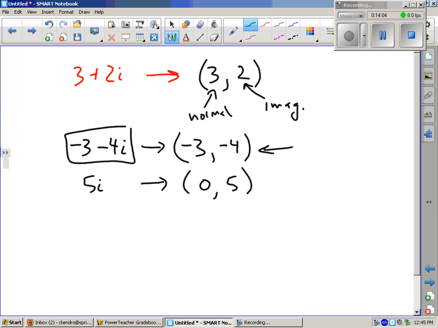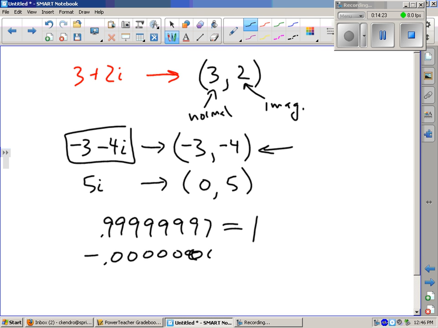Okay. Also, the calculators aren't as powerful as computers, and sometimes they get a number like 0.9999999, 7. Well, we're going to say that that's 1. Or negative 0.000000005, we're going to say that that's really a 0.